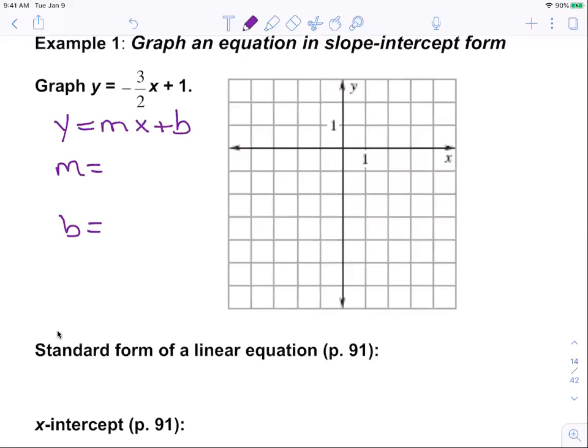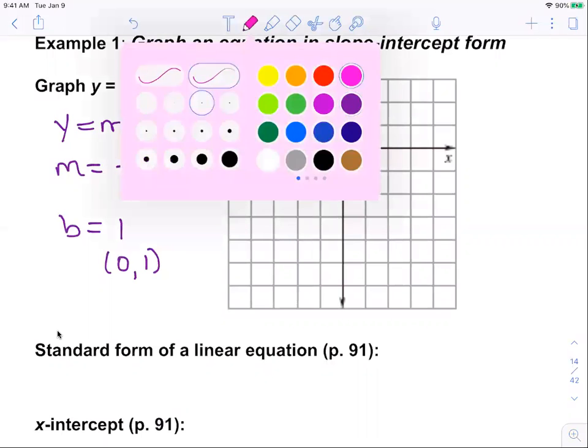The slope is -3/2, and the y-intercept is +1. Right. So you could write that +1 as an ordered pair, or you could write b equals 1. Either way, make sure you're identifying what it is. So either write it as (0, 1), because the x value is 0 for every y-intercept, or write it as b equals 1.